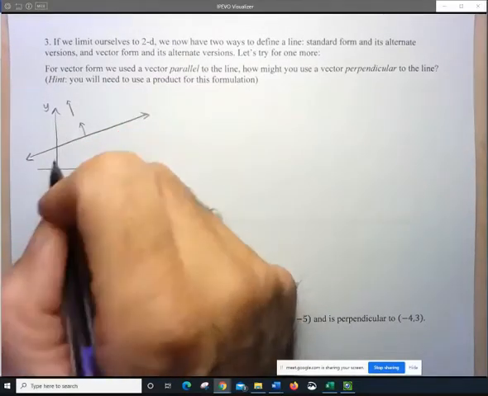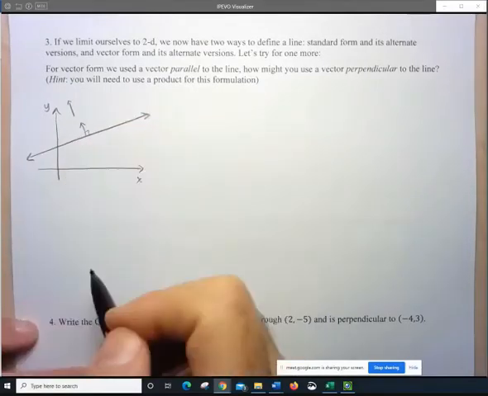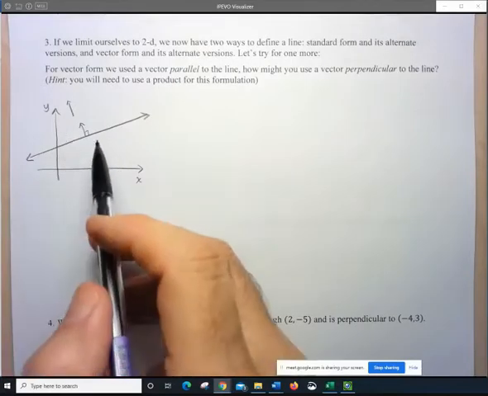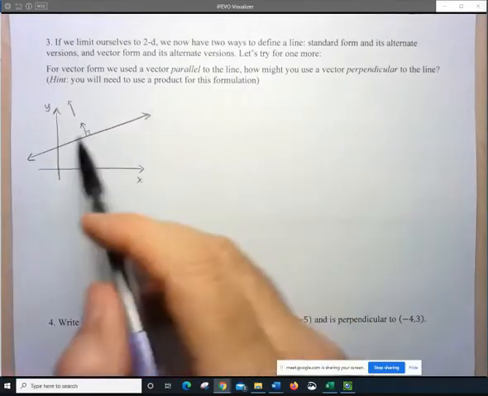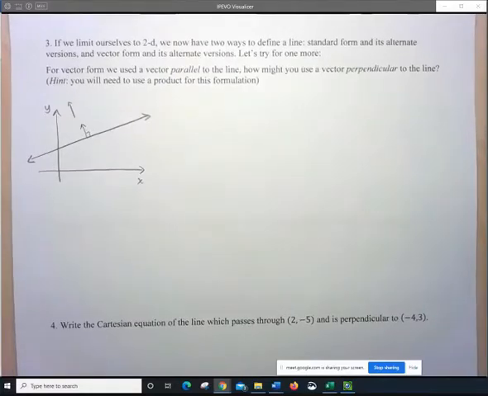So I'll call this the vector perpendicular to the line. Now, who remembers what we call a line that's perpendicular to another line? Sometimes they would ask you to find this line back in some calculus problems.